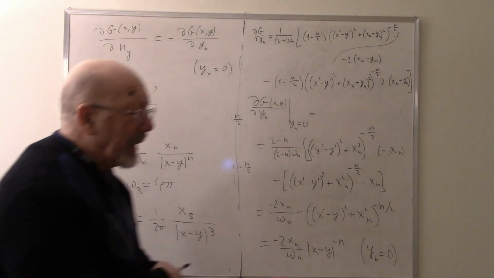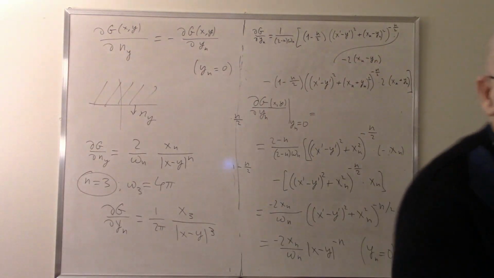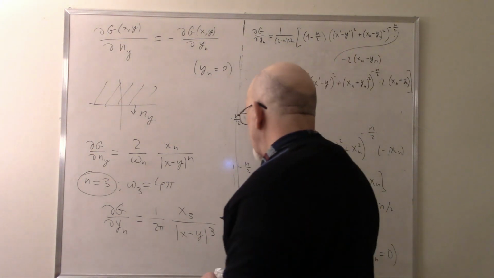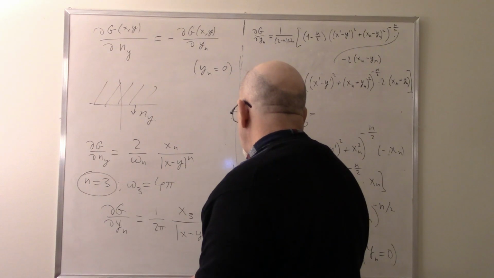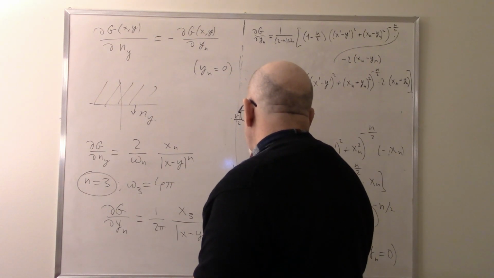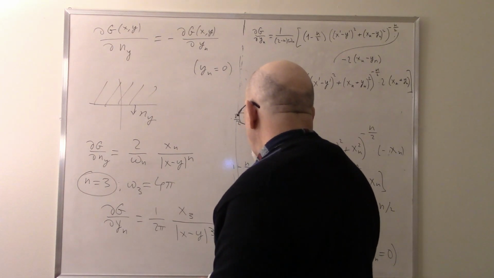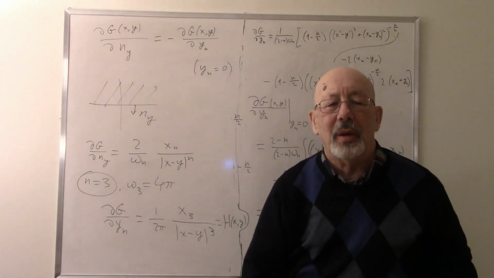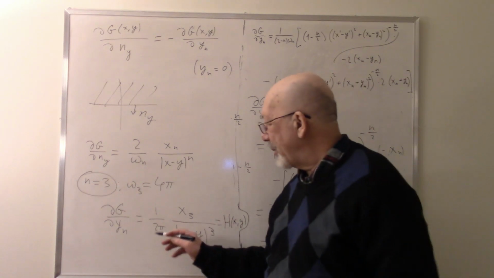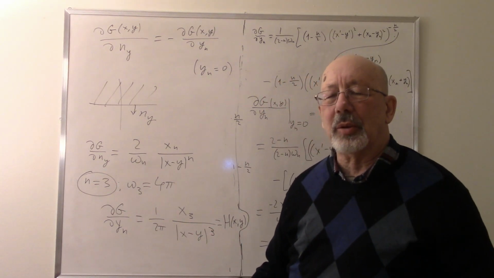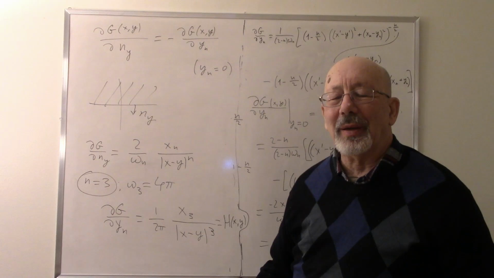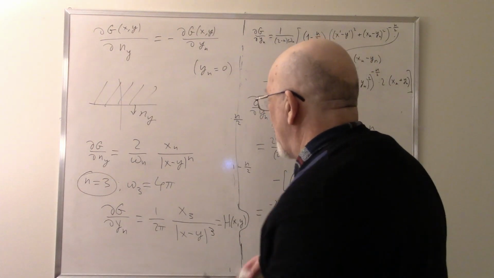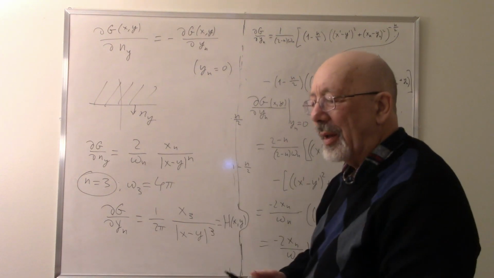And again this function, let me denote it again as h of x, y. When we go closer and closer to the boundary, this function becomes closer and closer to a delta function.